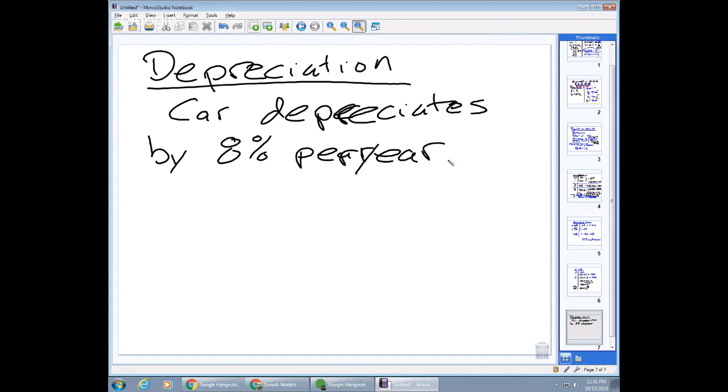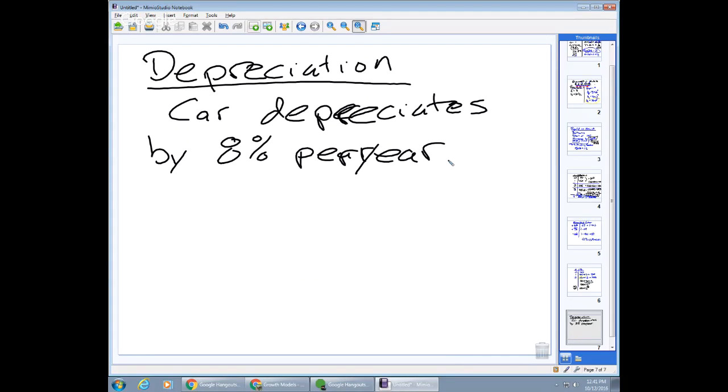So the 8%, is that a growth rate or is it a multiplying factor? It's a growth rate. Anytime you have something per year, per month, per day, per hour, that's always a rate. The per makes it a rate. To change it into a multiplying factor, we have to compare it to 100%.